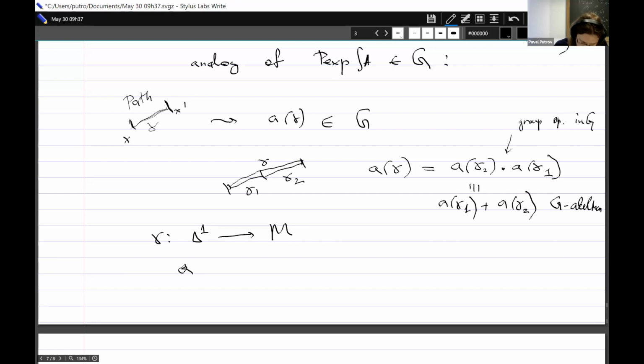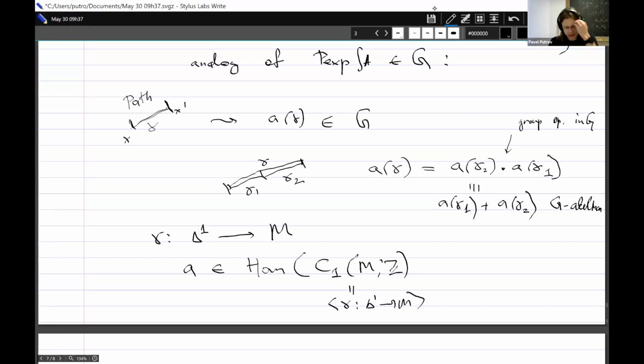So this assignment A, which we have, can be understood as a homomorphism from C_1(M), with coefficients in Z, to G. It's a group which is freely generated by such maps. So we can extend the value of A linearly to this group of singular one-chains.